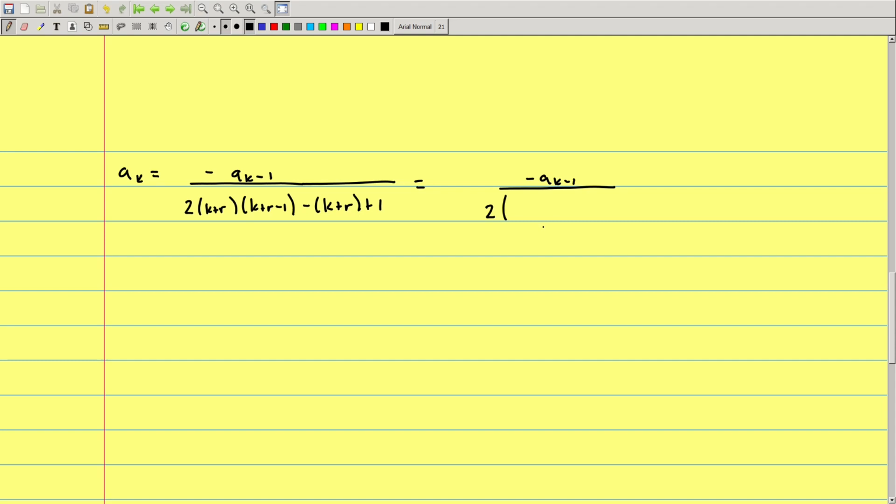So let's work all this out here. Let's leave the 2 by itself, then we'll get k squared plus kr minus k, and then plus kr plus r squared minus r, and then minus k plus r plus 1.